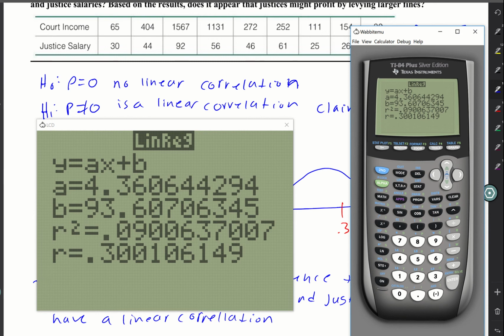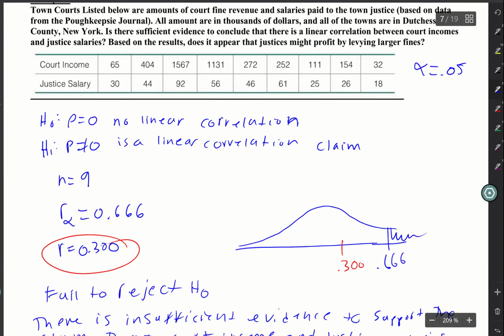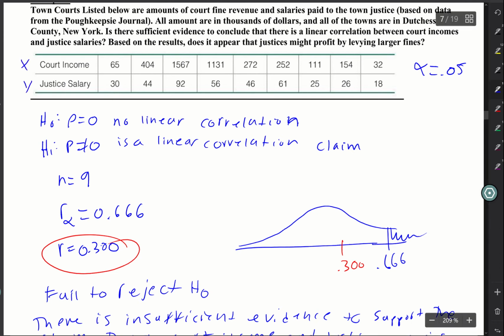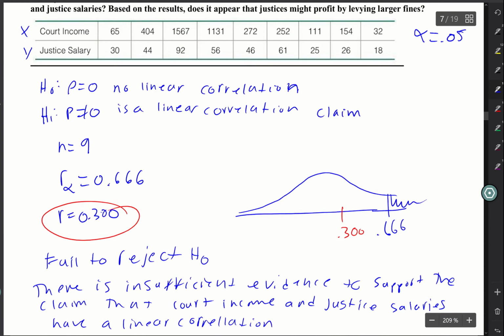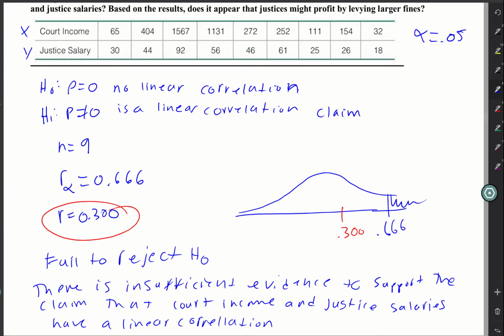So you don't really have to be concerned about which variables you come in. Not for R necessarily, but we do want to know for the equation. And since they're telling me that the court's income and justice salary, well, we would assume that we're looking at the justice salary being dependent on that court income. So we would say that this is our X and this is our Y when we get to the equation part of it.